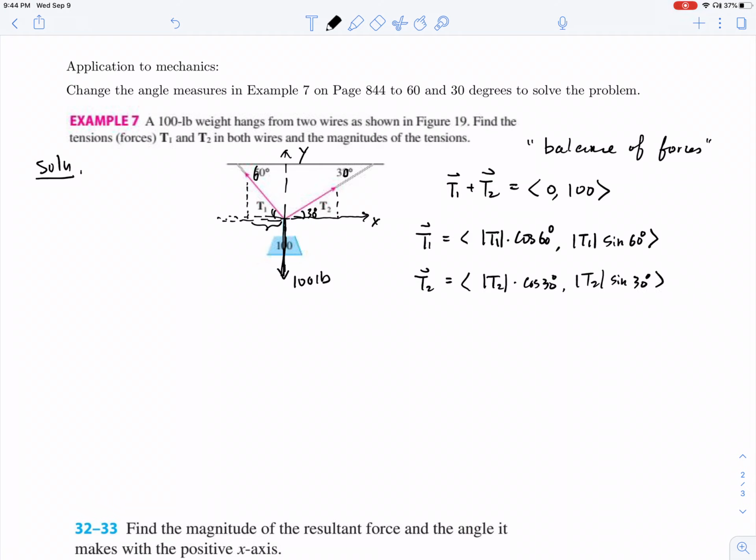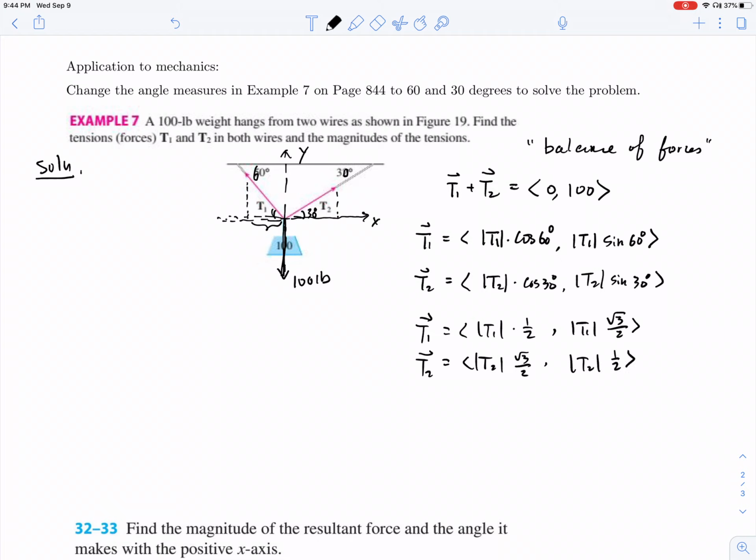And so what we have over here is T1 vector equal to T1 times cosine 60 degrees, which we know is 1/2, and the second one, T1 sine 60 degrees, which is √3/2. And T2 is going to be T2 cosine 30 degrees, which is √3/2, and T2 times 1/2.